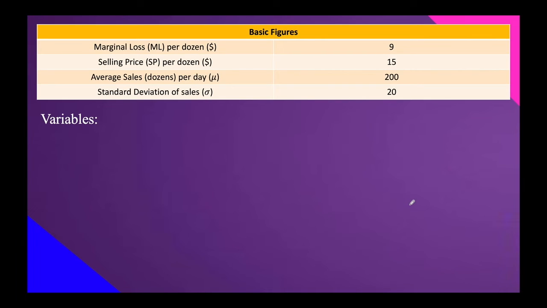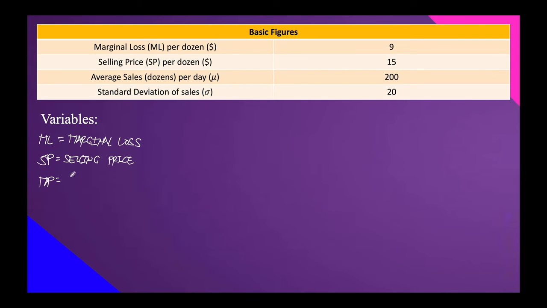Okay? So, let's rewrite our variables that we will be going to have during our solution. So, first ML, which is the marginal loss. Okay? Next, we have the SP or the selling price. And also, next, we have the MP. This is not given.